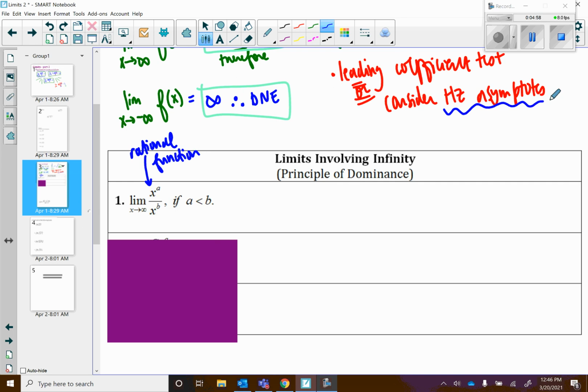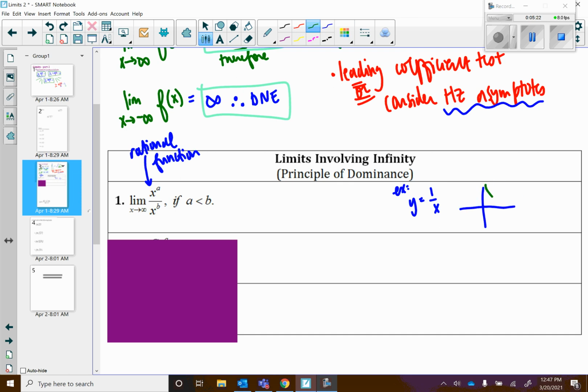So think back, or maybe even flip back, when I had a polynomial in the numerator that had a lower degree than the denominator, where did we have a horizontal asymptote? An example of this would be y is equal to 1 over x. The numerator degree is 0, the denominator degree is 1, 0 is less than 1. Where does this function have asymptotes?